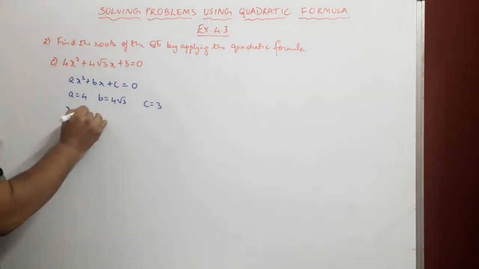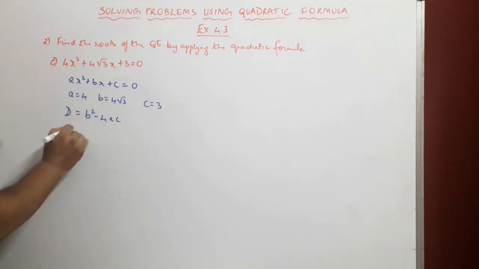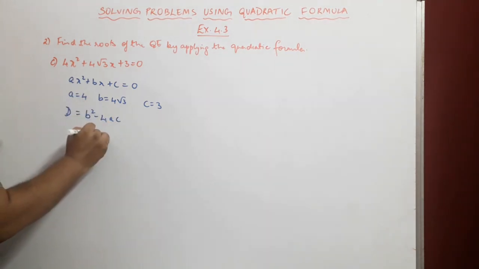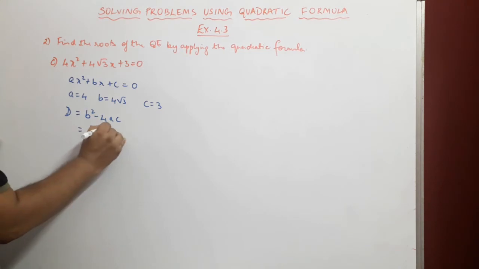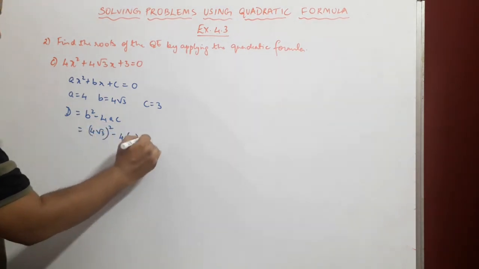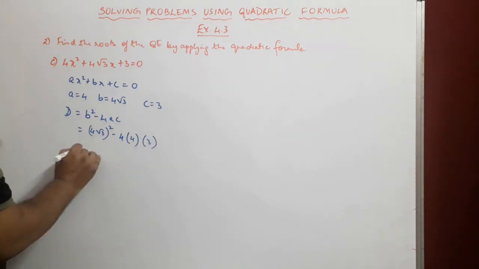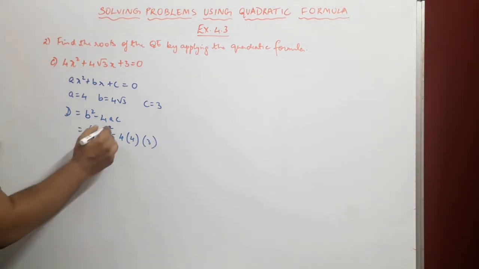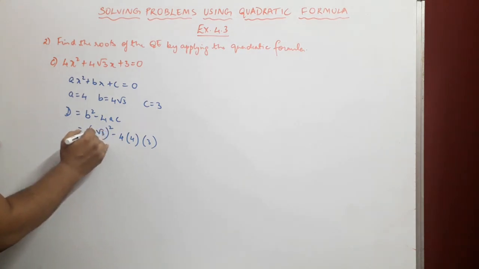D equals b square minus 4ac. b is 4 root 3, so that will be whole square, minus 4 into a, which is 4, and c, which is 3. 4 root 3 whole square, so root 3 into root 3 gives us 3, and 4 into 4 gives us 16. So 16 into 3 will give us 48.